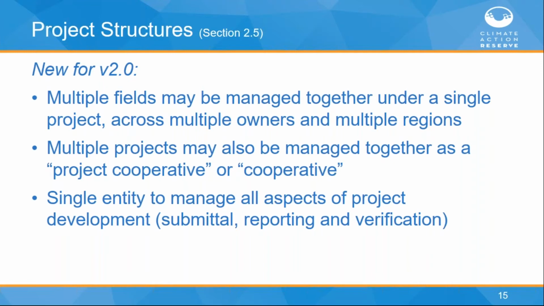Those scenarios have been identified, and that would be any combination of an eligible activity, crop, and region. Those scenarios have been identified by the reserve, and we have a separate table and are working to combine it into one of our Excel tools for project developers or protocol users to look up.